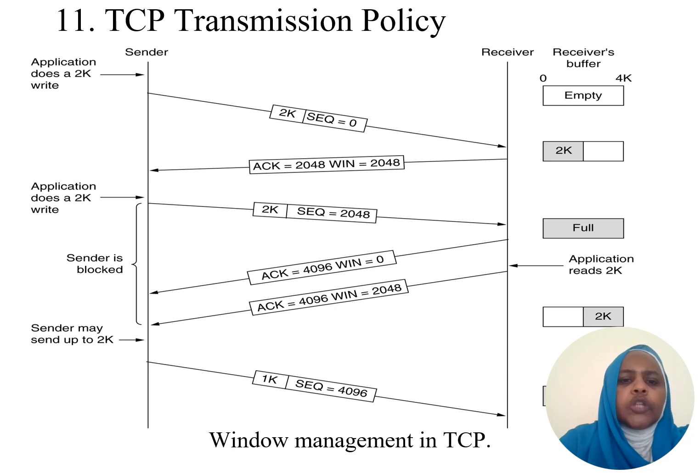The sender will stop sending any other segments until the receiver consumes 2K from the buffer and there is now 2K free. The receiver will send a segment with the same acknowledgement number and the new window size. Then the sender will start sending data again.